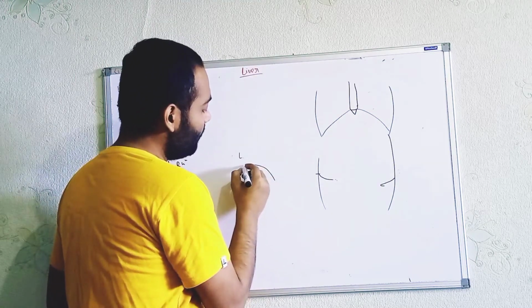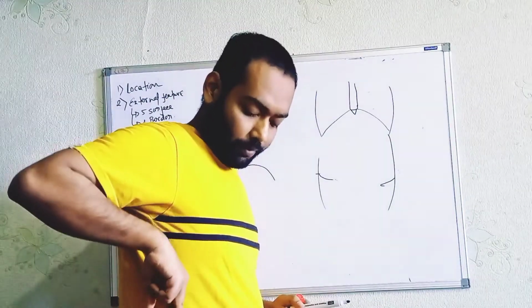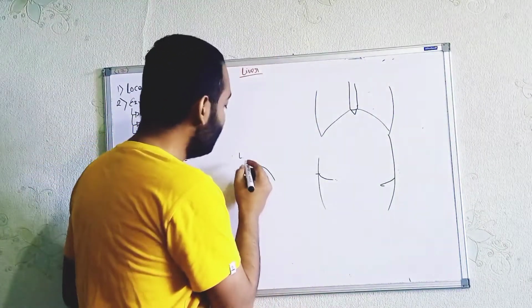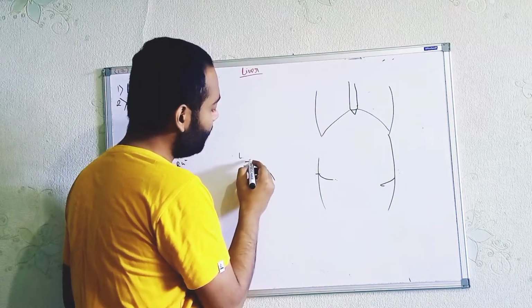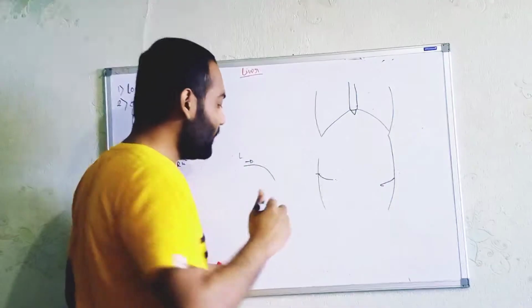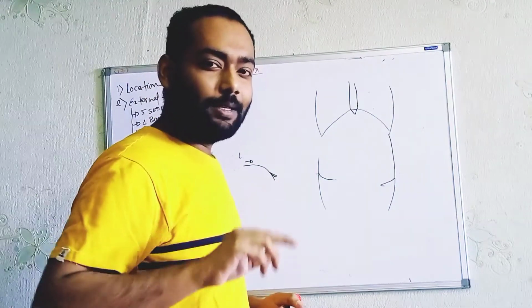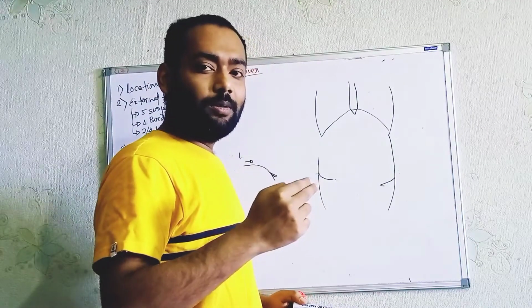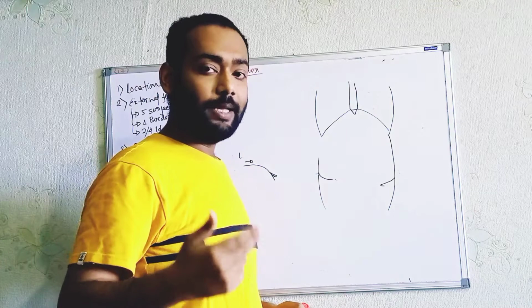So this is the superior part. In lateral view, if you stand like this, put your finger from the lateral side to the medial side, and here you will feel a protuberance, an outward type of thing. That will be our anterior superior iliac spine.